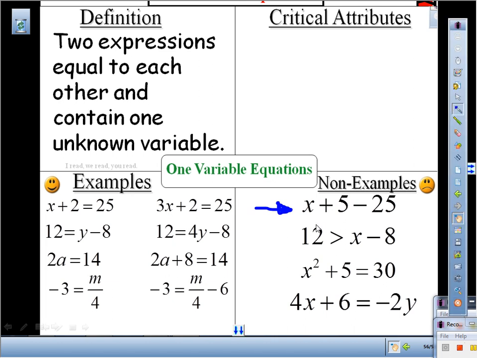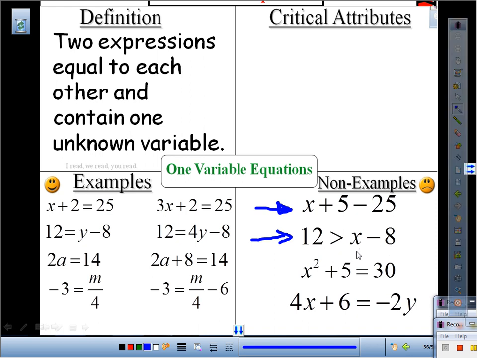Why is this one not a one variable equation? An inequality. So what would we call that one? Look at it. Take your time. Very similar to these, but now it has an inequality.